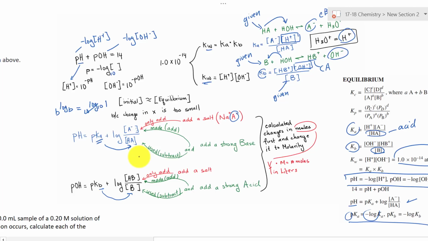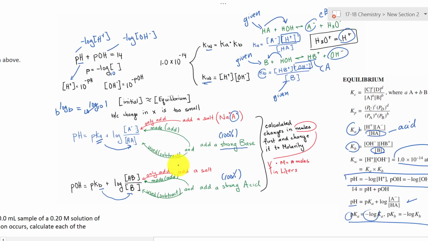But here's another situation where you can change the solution of a buffer. What happens when you're adding a strong base to an acidic solution, or a strong acid to a solution? Well, the word strong means 100% dissociation, okay? Now, if you're adding a strong base, what does a base do to the acid?